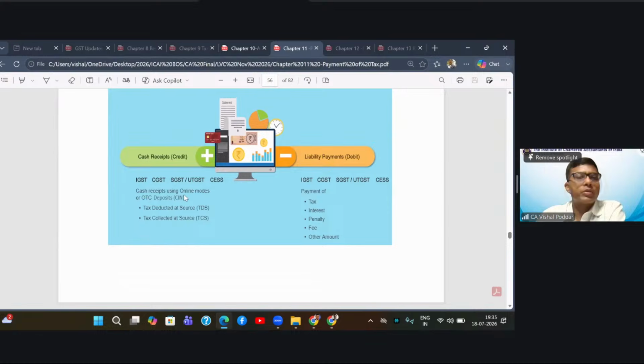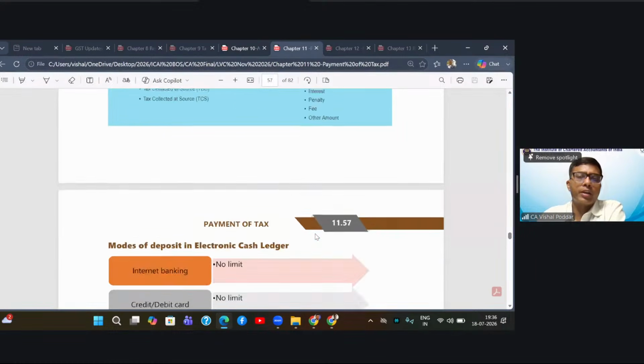First, you can deposit it using various mechanisms, online modes, over-the-counter deposits, etc. Secondly, whatever is your TDS deducted by the government, where the government is your recipient, or whatever is your TCS, which is collected by the e-commerce operator, where you are doing some transaction using the operator's platform. All these amounts are deposited in your cash ledger. From this, you can make payment of tax, interest, penalty, fees, or any other amount.